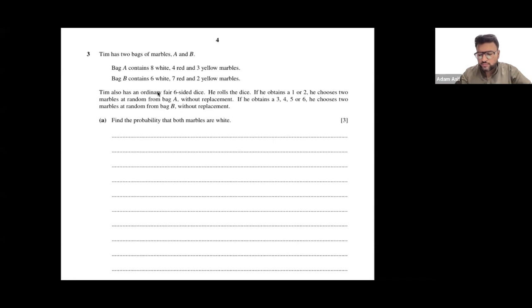So both marbles can be white from bag A or from bag B. So the probability that both marbles are white is going to be the probability that it's from bag A or it's from bag B. Now, go back to the question again. Bag A contains 8 white, 4 red, and 3 yellow marbles. Now, he is deciding which bag to choose with the help of a dice.